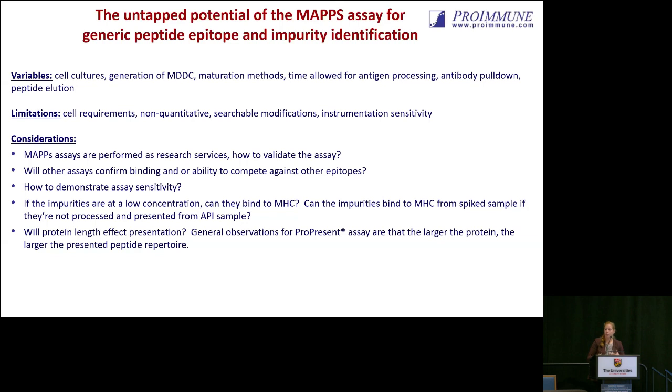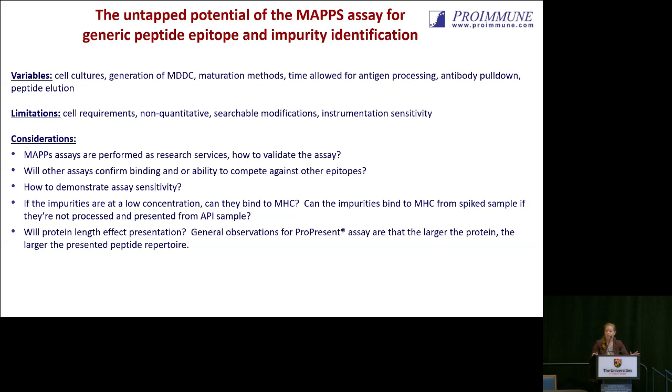So optimizing each one of these steps could enable better assessment of these impurities potentially. And then I've already listed a few of these limitations, including the large amount of cells that are required to run the assay, the fact that it is non-quantitative and that you are limited to which modifications that you can search for, and then you're always going to be limited to the sensitivity of the instrumentation that you actually have at your disposal. So I'll just leave the group with some more considerations before the coffee break.